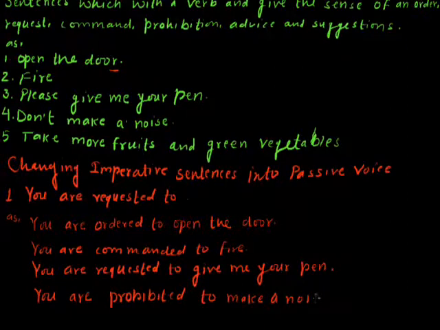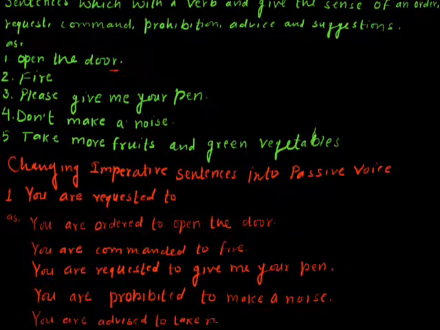Okay, and the last but not the least one, take more fruits and green vegetables. And the passive voice of this sentence will be, you are advised, because it's a kind of advice. Okay, so we will write, you are advised to take more fruits and green vegetables.